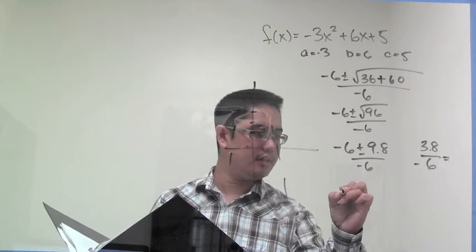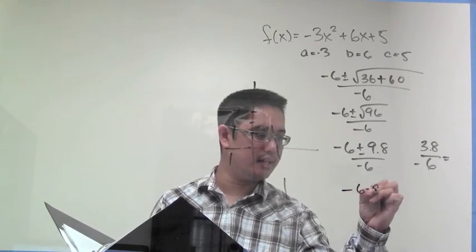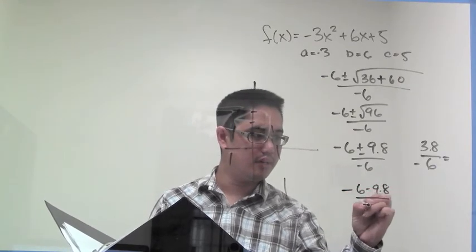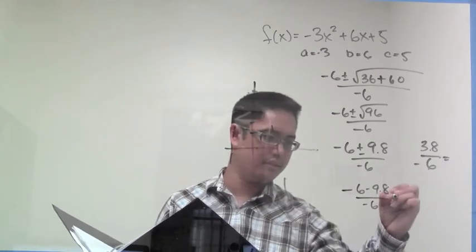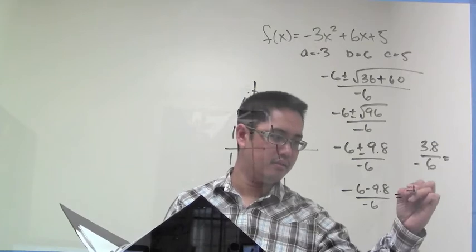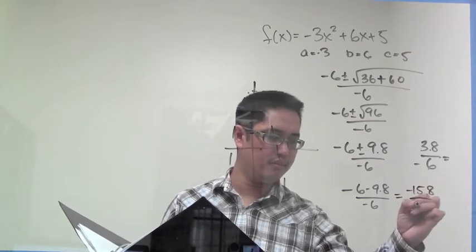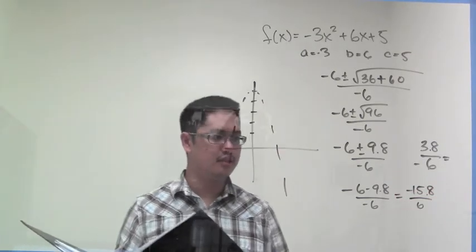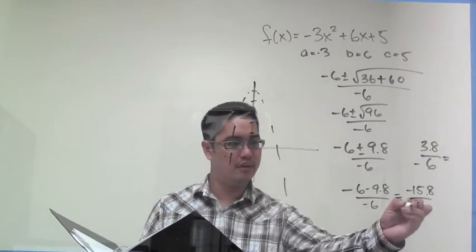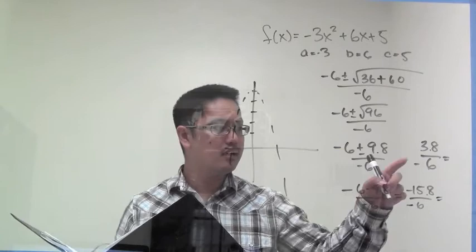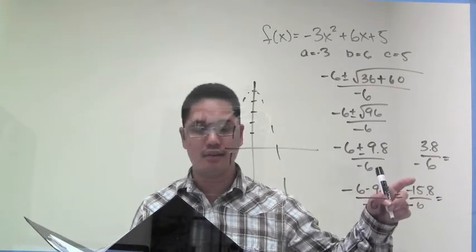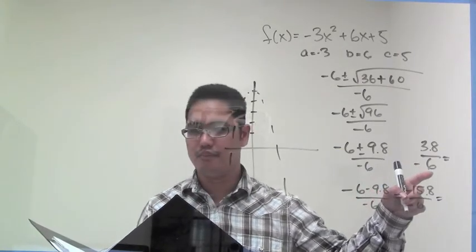All right, and then over here is negative 6 minus 9.8 over negative 6. So that would be like negative 15.8 divided by negative 6, so that's equal to positive something. So you said 3.8 divided by negative 6 is, oh, you know what?